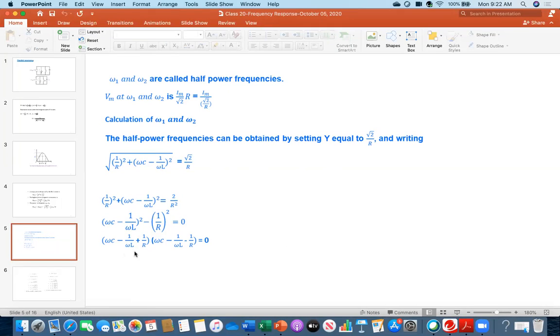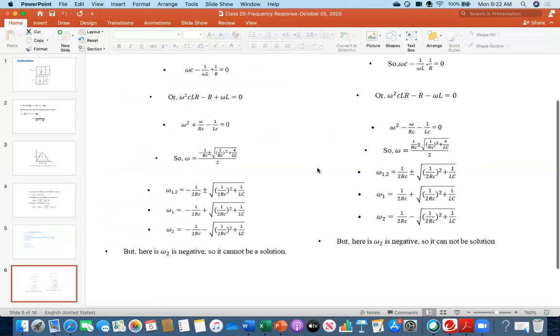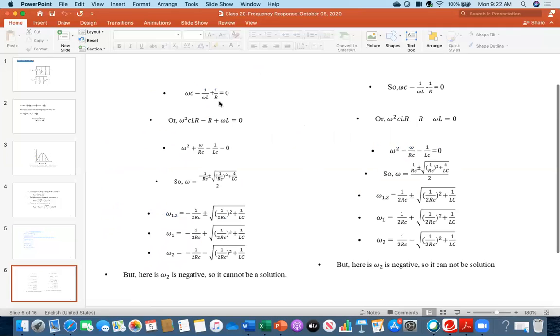So first let's equate the left side to 0, and later the right side. First I'm writing the left portion equal to 0, and then simplifying. It becomes a quadratic equation: omega squared plus 1 over RC omega minus 1 over LC equals 0.